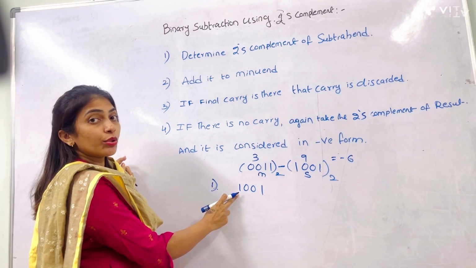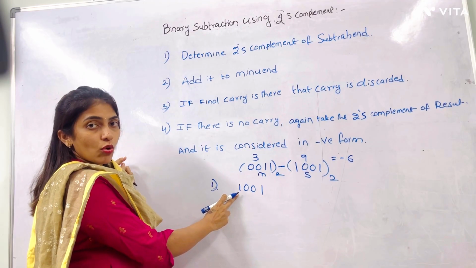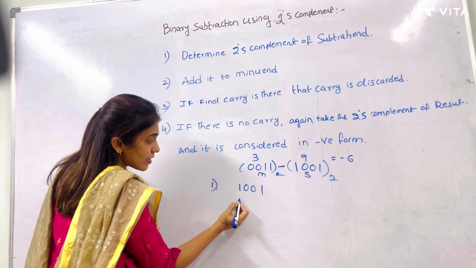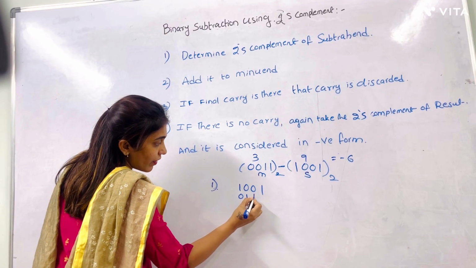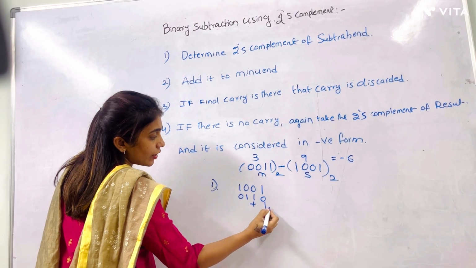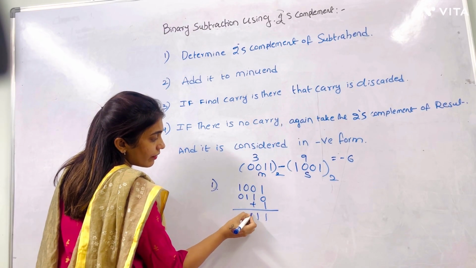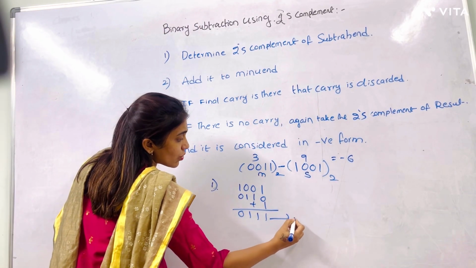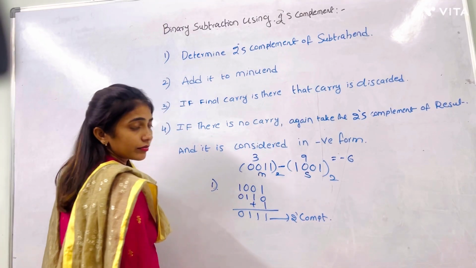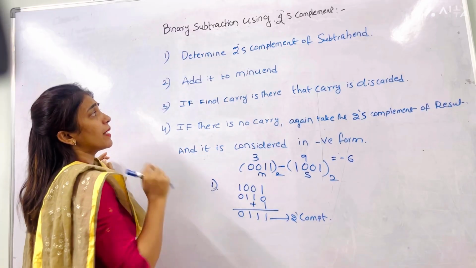We know already how to take 2's complement. First do 1's complement, then add 1. So 1's complement is 0, 1, 1, 0. Then adding 1, 0, 1, 1, 1. Now it is 2's complement. Up to here, first point completed.